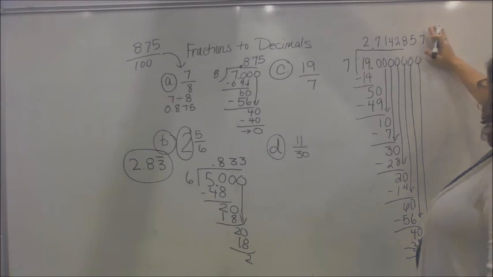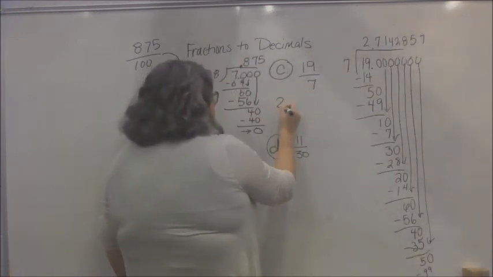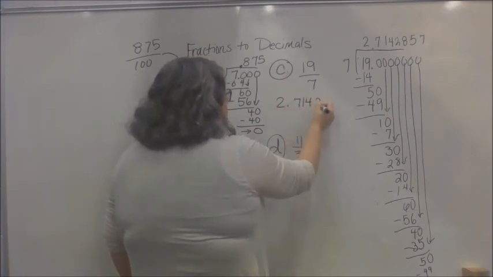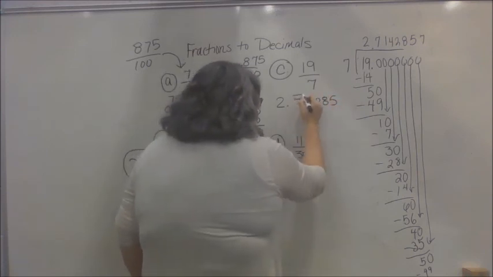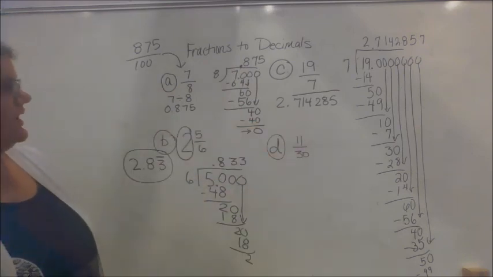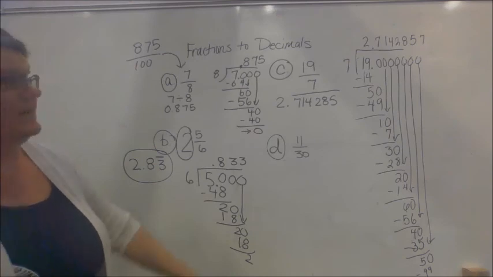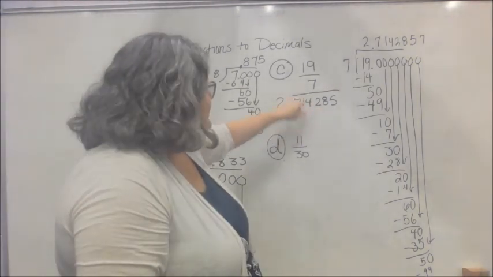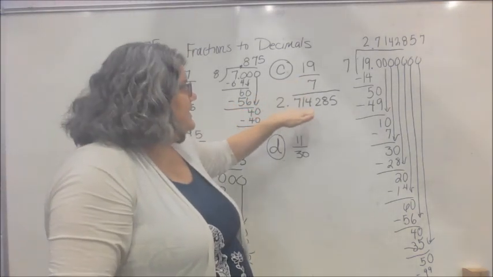So what this answer equals is 2.714285, and the bar notation has to go over the entirety of what's behind that decimal because that entire sequence repeats. This is still a rational number because it was originally expressed as a fraction, and it can be written with a bar notation.